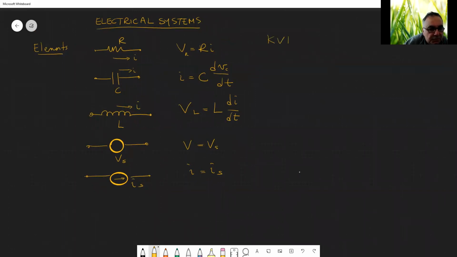basically Kirchhoff's laws, which are conservation laws, which say that the sum of voltages around a path is zero.